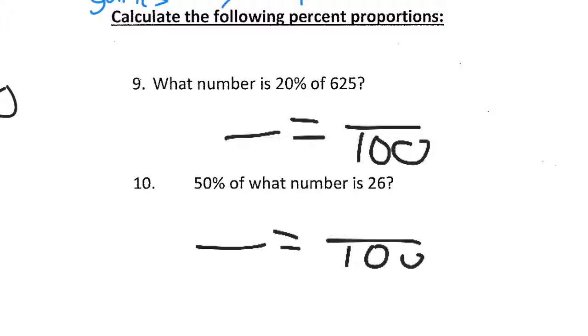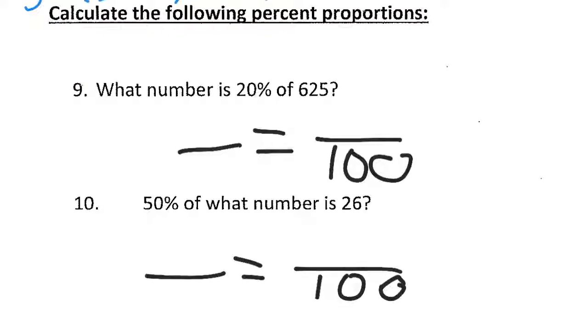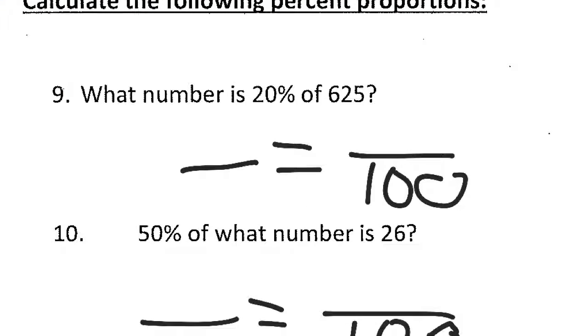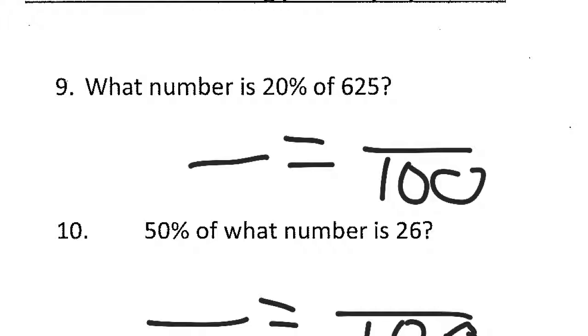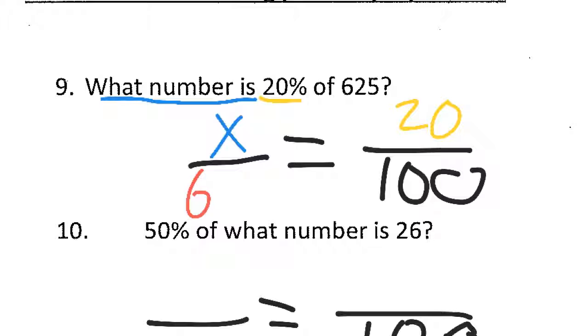Now to focus on number 9 first. So it says, what number is? That is the thing that we are looking for first. I'm trying to remember what colors I used on this already, so I want to make sure I do. Okay, so I used blue for is. So it says, what number is, meaning this is what we are looking for. 20%, that's our percentage. That's always going to go over 100. And it says of 625. So cross multiply, divide by the lonely guy, however you want to do it.